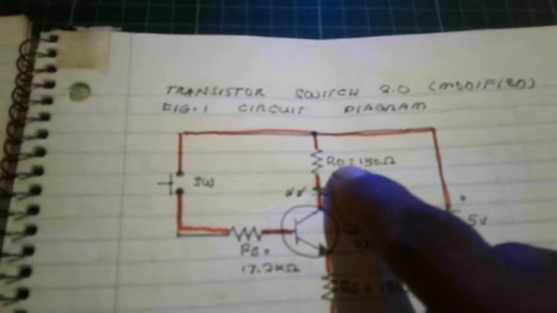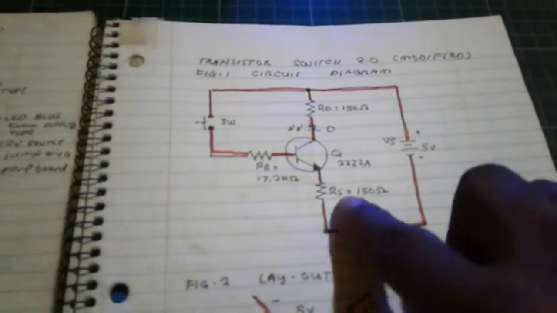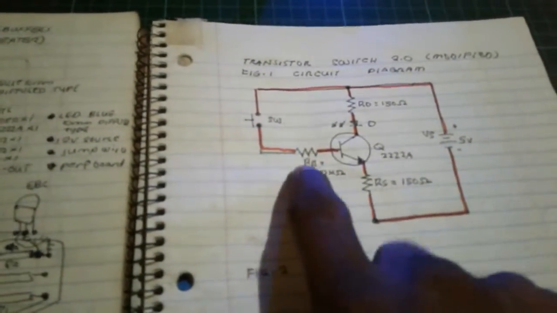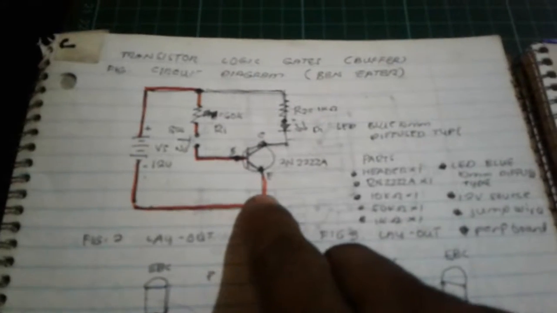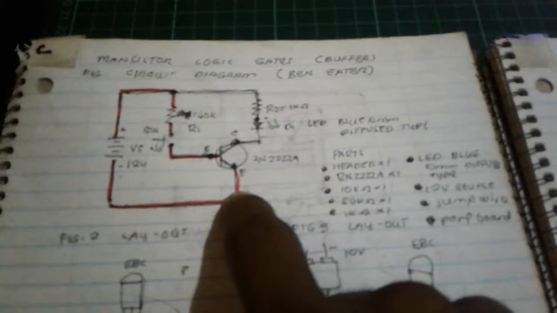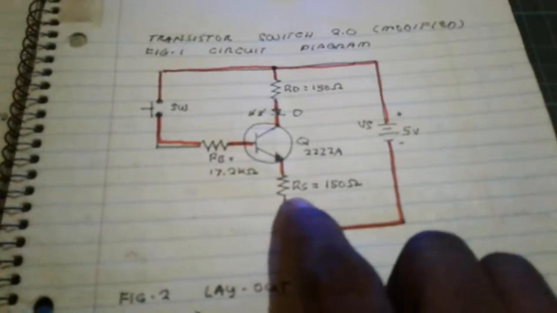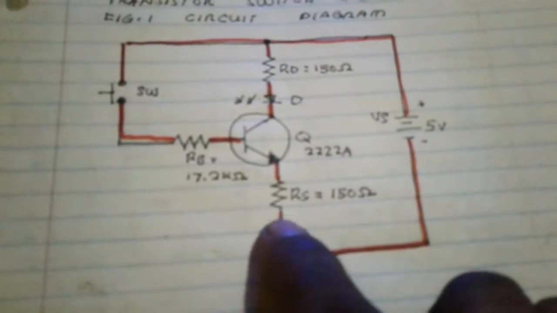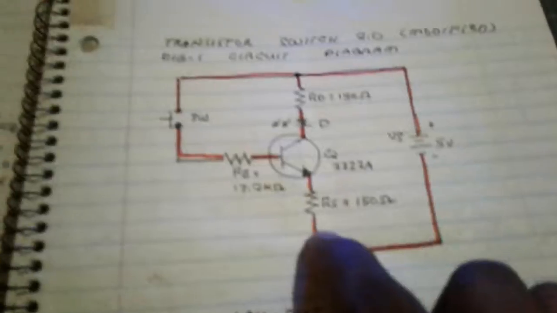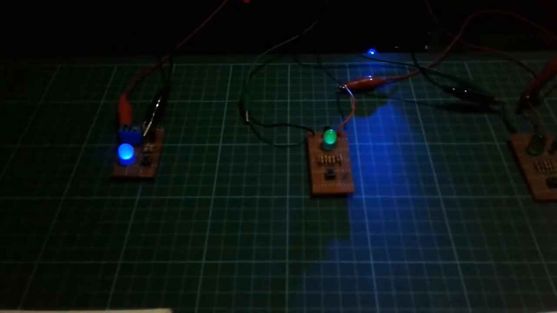We have a resistor on the collector, resistor on the emitter side, and the base. Just like here, we have a resistor on the collector side, on the base, but we don't have a bias resistor here, or the resistor at the emitter side. So I built this resistor here. I put a resistor here, and that is the circuit.